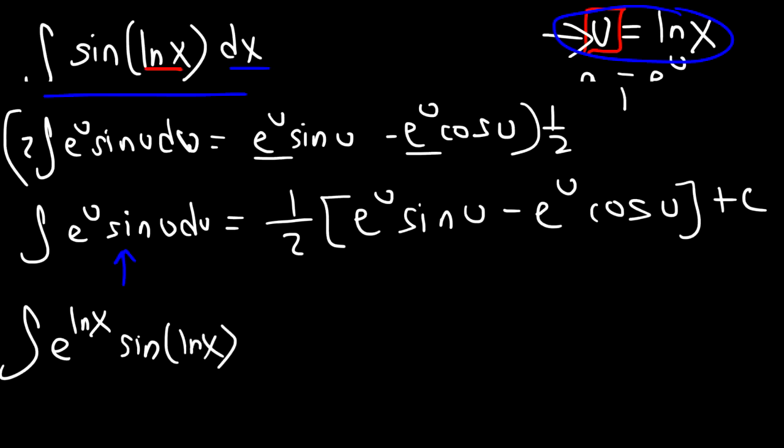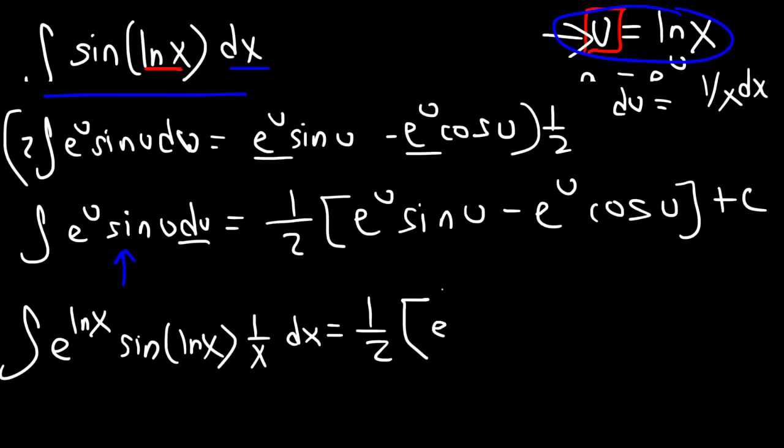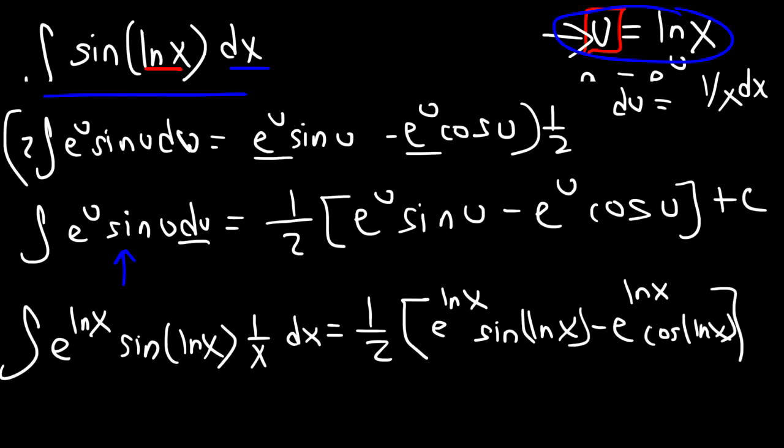And du is 1/x dx. On the right, we have 1/2 times e to the ln x sine ln x, minus e to the ln x cosine ln x, and then plus c.